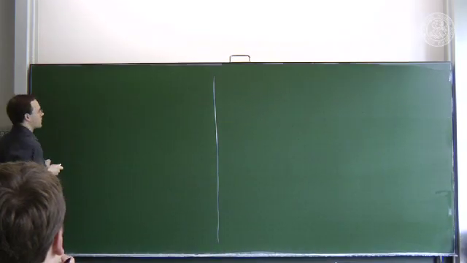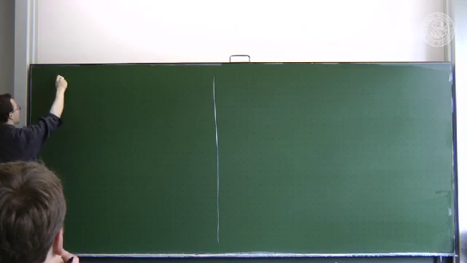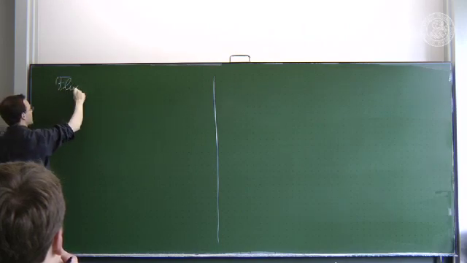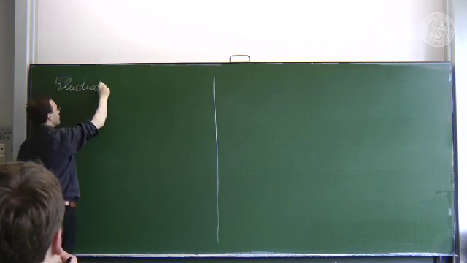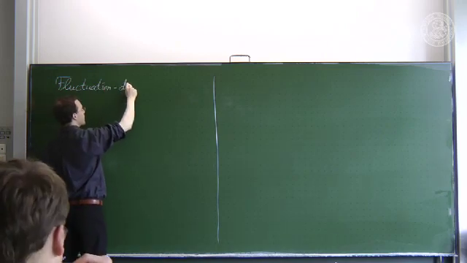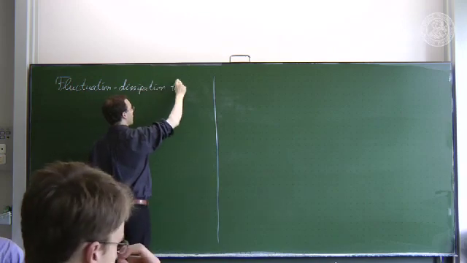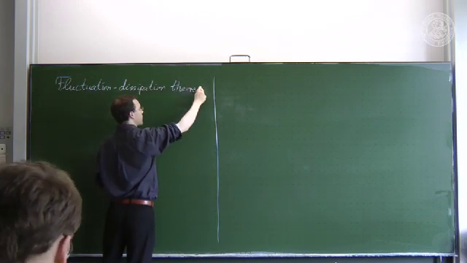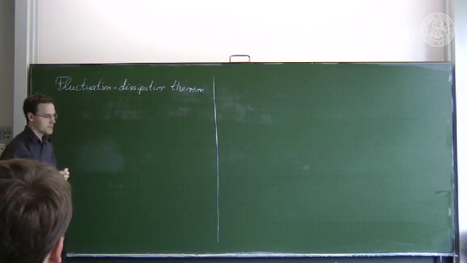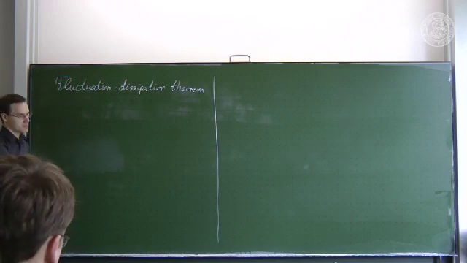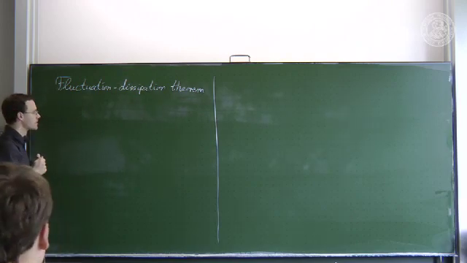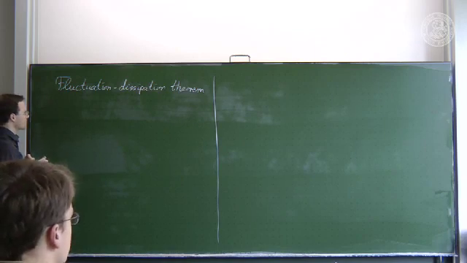So this relation, which you might have learned in statistical physics, is called the fluctuation dissipation theorem. I'm not going to derive it here, but I'm going to discuss it and discuss its consequences for our applications. What is the situation?